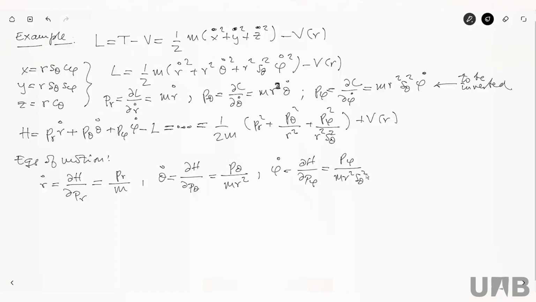All right, next, p_r dot, right? This is minus partial of H with respect to r. And this is a little more complicated because there is r dependence here, here, and in the potential, right?